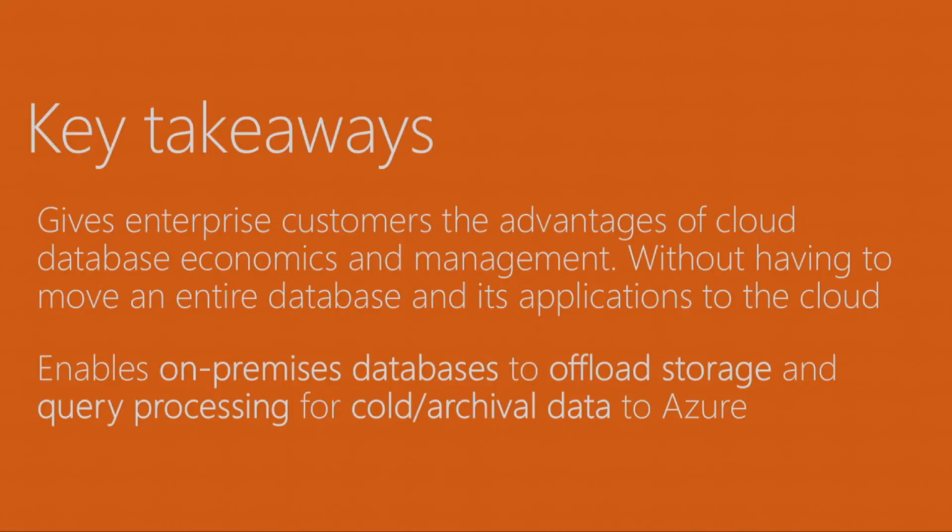We want to let them take all this cold historical data that's sitting on the networks and costing a lot of money, put it in the cloud, but still access it without updating any of their apps or queries, at as low a cost as possible. So it's very little impact to your local network and very little impact to your end users.